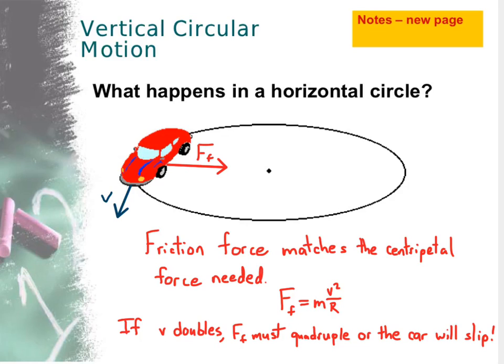If this car decides to go twice the velocity, then it will need 4 times the friction force, because centripetal force depends on velocity squared. So the centripetal force will have to be quadrupled, or the car is going to end up slipping.